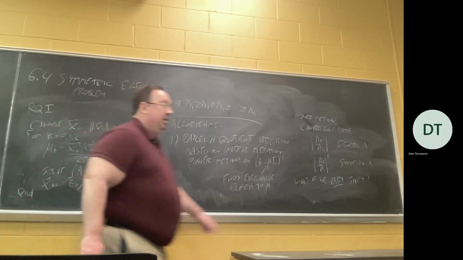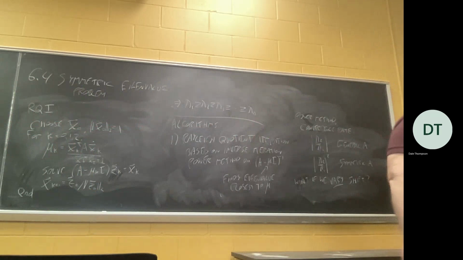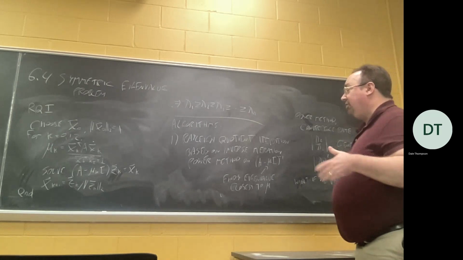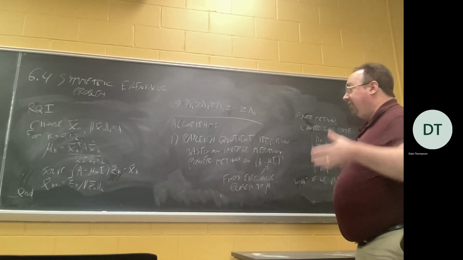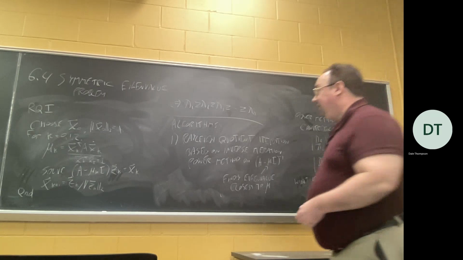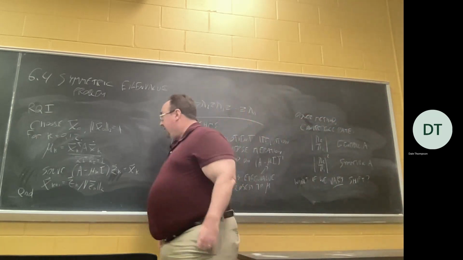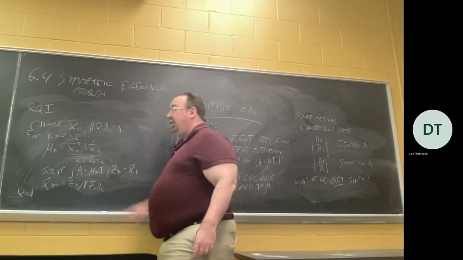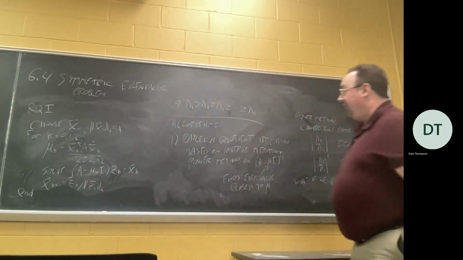So the idea is the shift mu k is getting closer and closer to an eigenvalue because presumably zk is getting closer and closer to an eigenvector as an output of inverse iteration. And because we keep updating the shift, this matrix is getting closer and closer to singular.